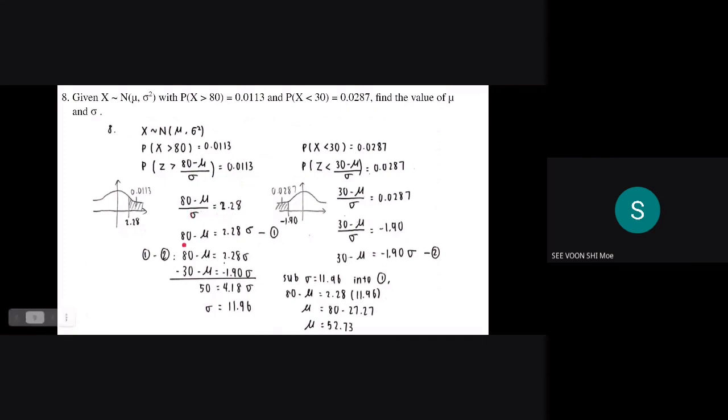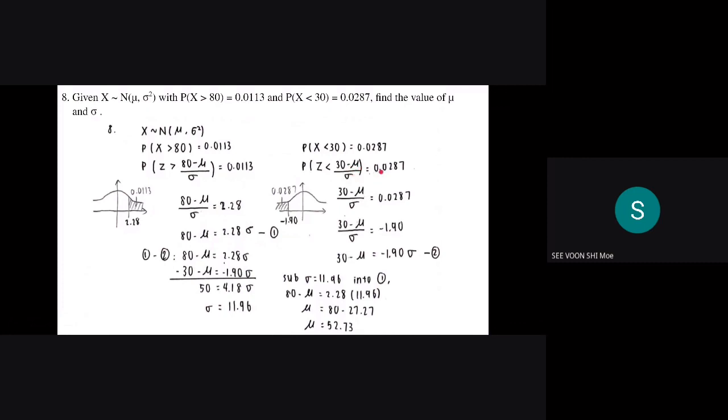So 18 minus mean is equal to 2.28 times standard deviation. And this is equation 1. Then from the other equation, we convert x to z, and we remind this number 30 is also minus mean and divide by standard deviation.